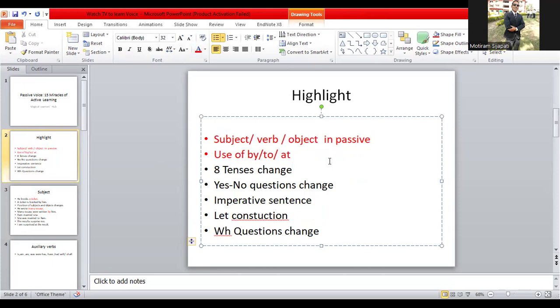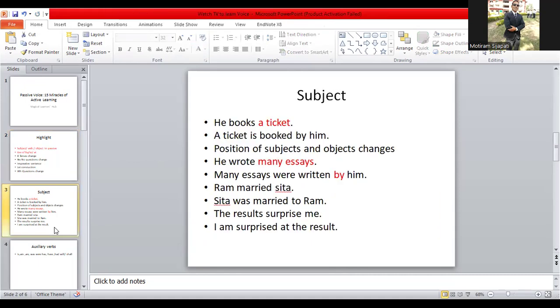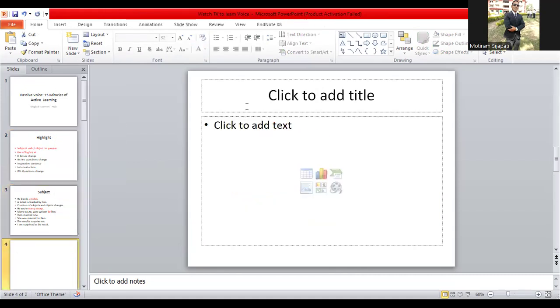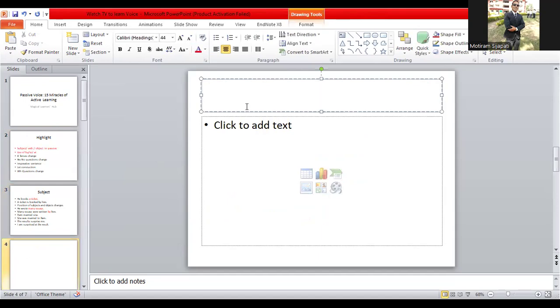Now I am going to talk about 8 tenses change. Why did I say 8? There may be confusion. Because there are 12 tenses, but I have said 8 tenses change only. Why?